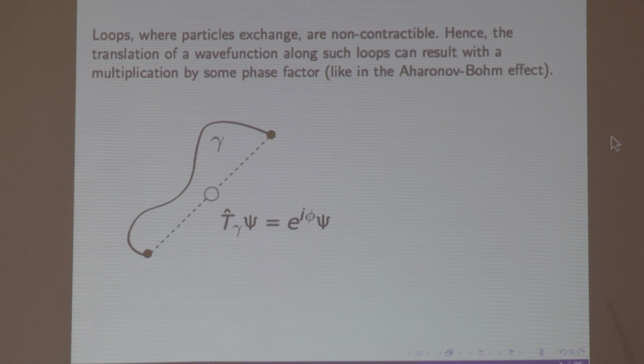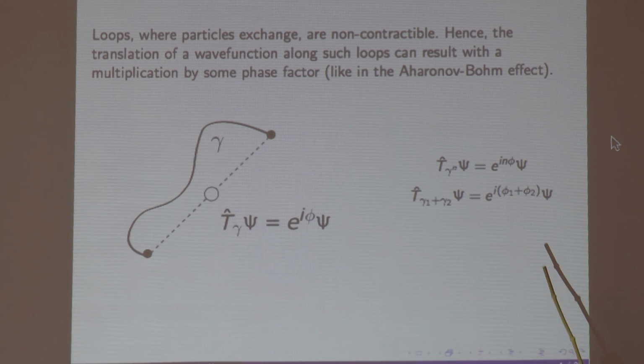For example, the same situation happens in the Aharonov-Bohm effect, when we have a solenoid in a disk and we transport the wave function around this loop. Then it results in a multiplication which depends on the flux of the magnetic field.